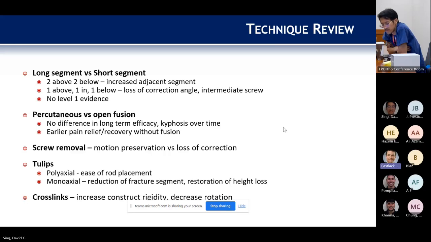So, in some parts of the spine, it doesn't matter quite as much. If you have a T12 fracture and you go two below, three above, you're not tying up a huge amount of spine. But if you have an L2 or L3 burst fracture and you're going three above, two below, you're tying up the majority of that individual's lumbar spine.